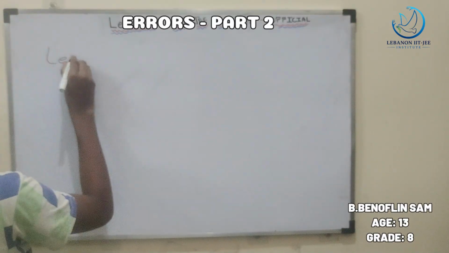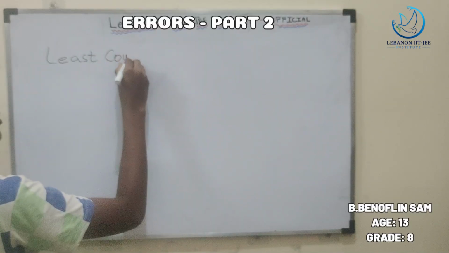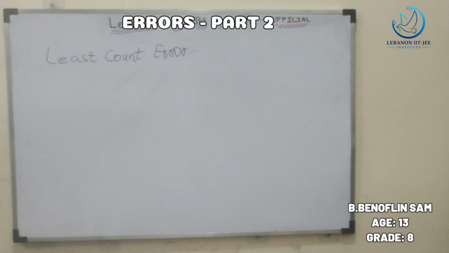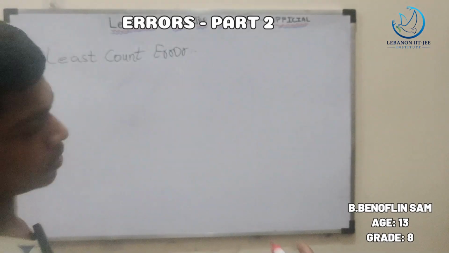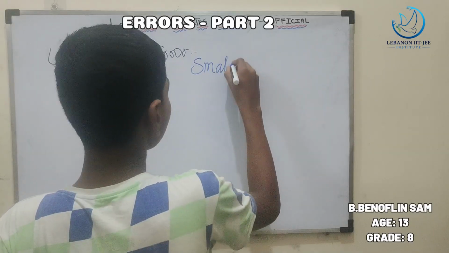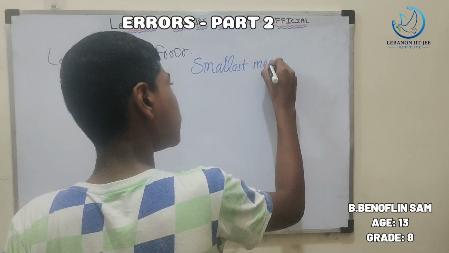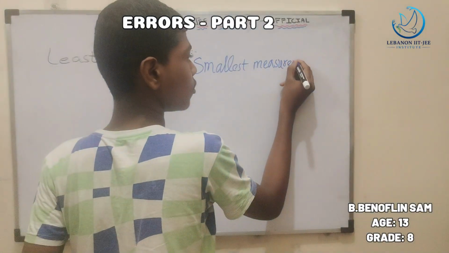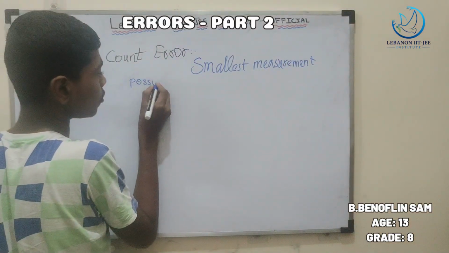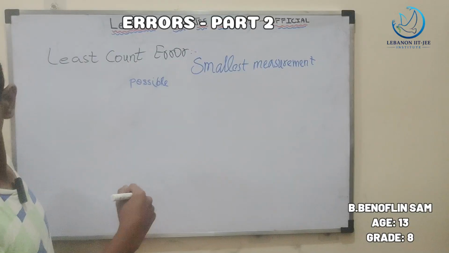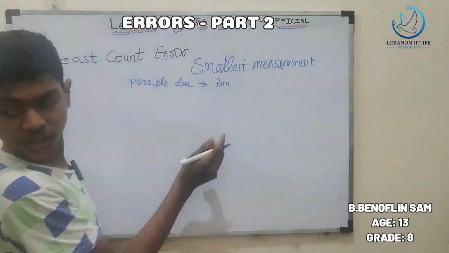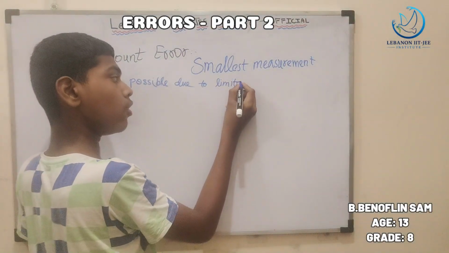First one is least count error. Well, it's nothing but the smallest measurement possible due to the limitation of the device.